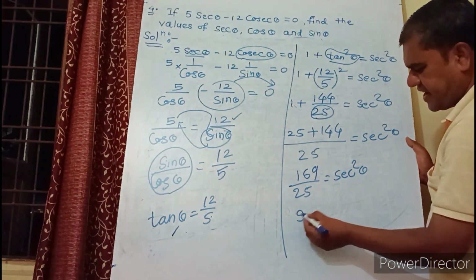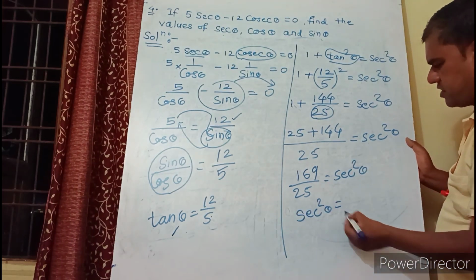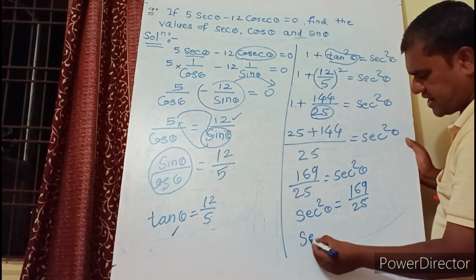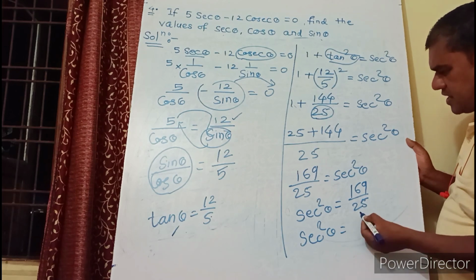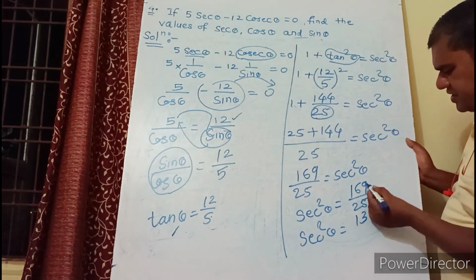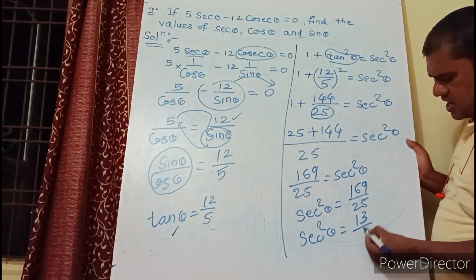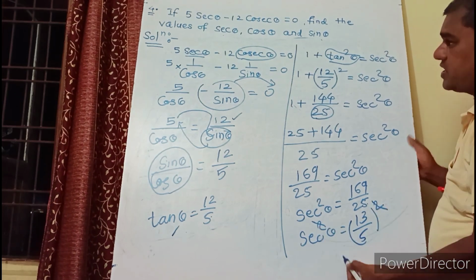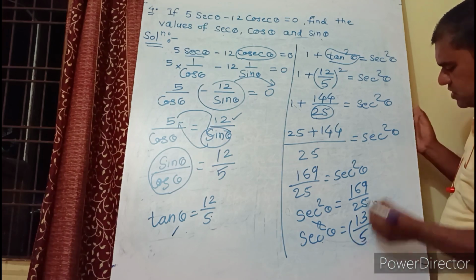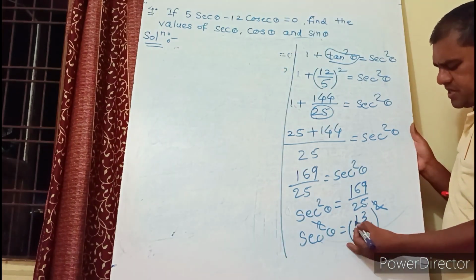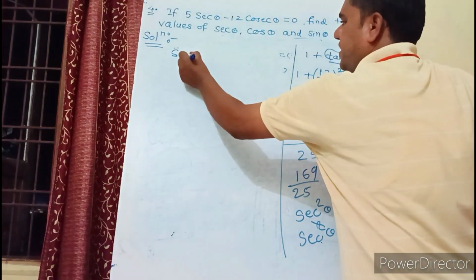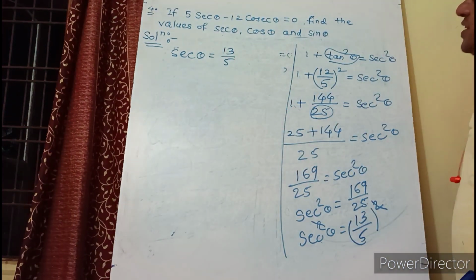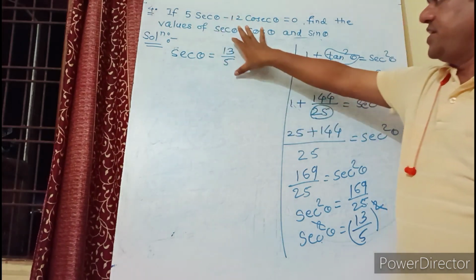Now sec square theta is nothing but the square of 13 by 5, because 169 is the square of 13 and 25 is the square of 5. Now the squares get cancelled, and we get the value of sec theta is equal to 13 by 5.